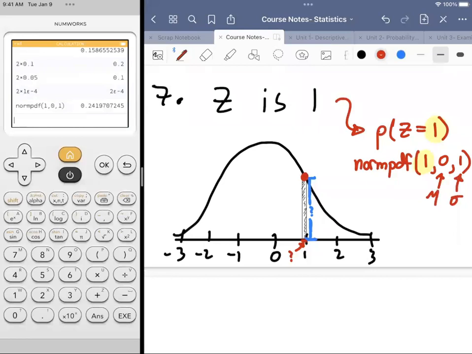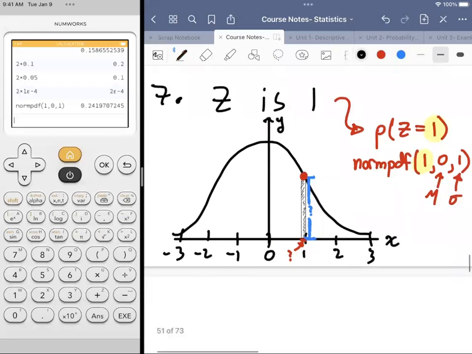So what we're actually getting at here when we use a norm PDF function is the height on the curve related to a particular value. So if I put a y-axis here, you've got the x-axis here, you've got the y-axis here, this height here is about 0.242.